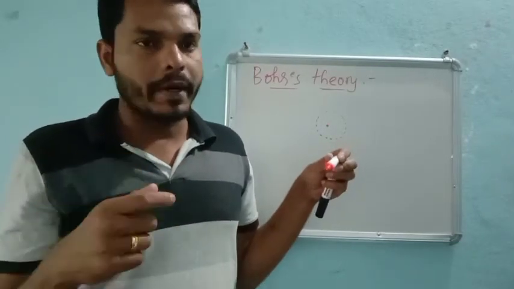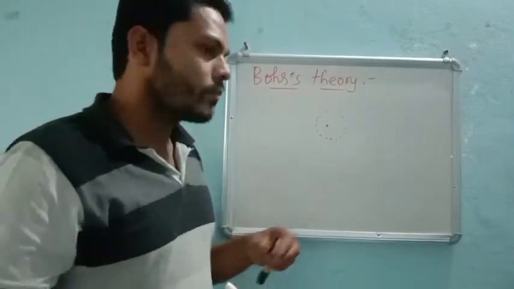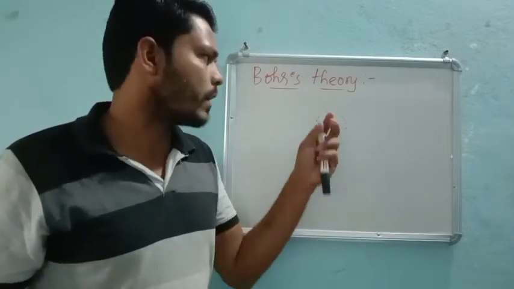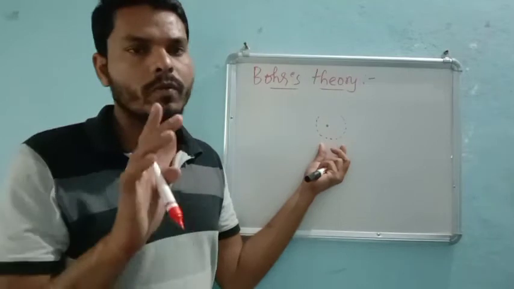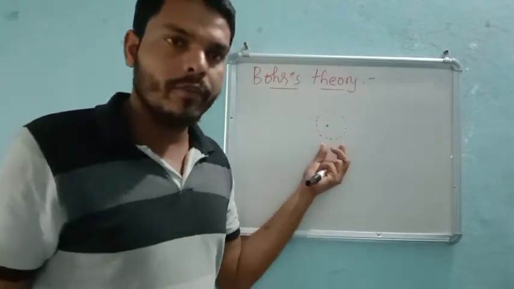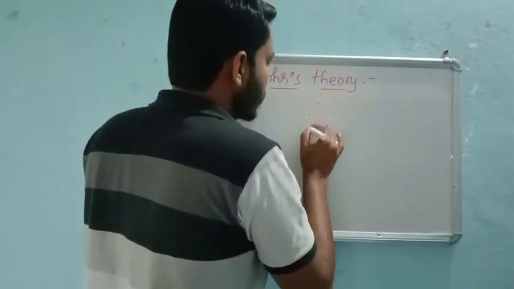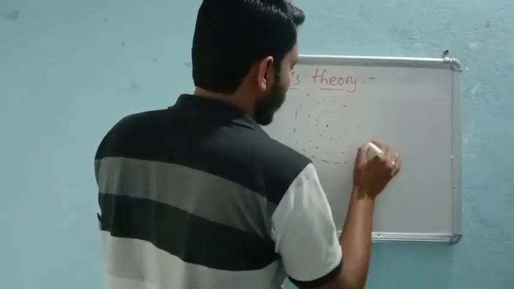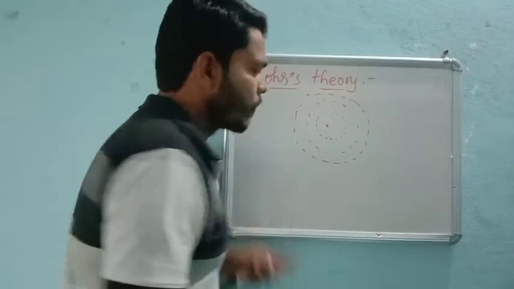Each orbit, that means, see here, if the number of electrons is 2 only, then it will be restricted to the first shell itself. If more than 2, we know already 2, 3, 4 like this, right?